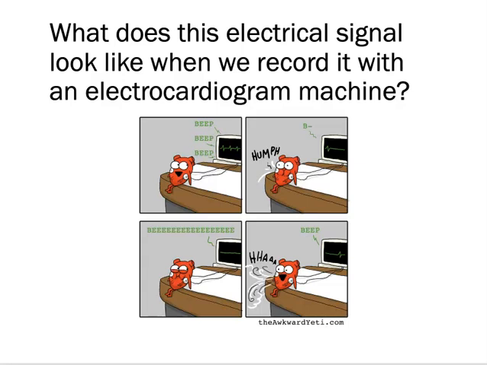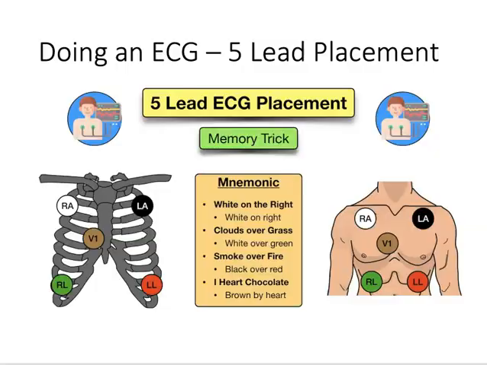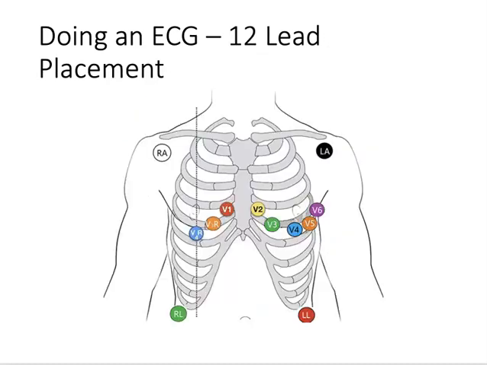Okay, so that's all great, but this doesn't look anything like an EKG, right? That's because an EKG is a sum of all the electrical signals, not just one single cardiac muscle fiber. So it's going to look a little different. Let's talk about that. There are different types of EKGs. There's a 5-lead and a 12-lead, and don't worry about memorizing either of these.